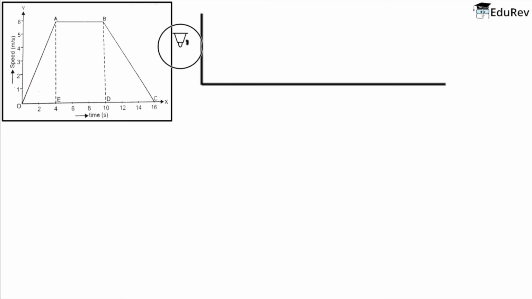So the a-t graph would show the acceleration in the initial part, which we calculated as 1.5. So the starting acceleration is 1.5, till time t equal to 4, and then it dropped to 0 since the second part was constant velocity motion, which continued till time t equal to 10.